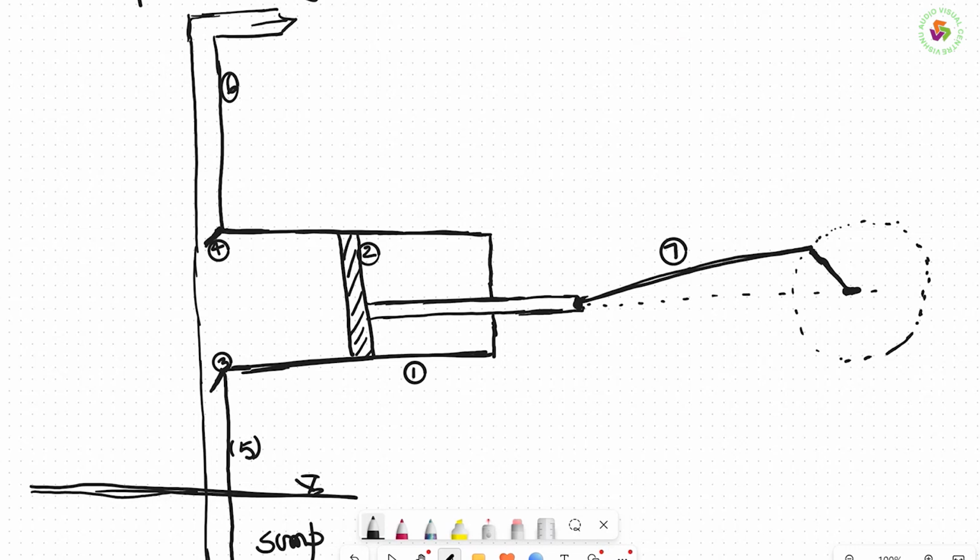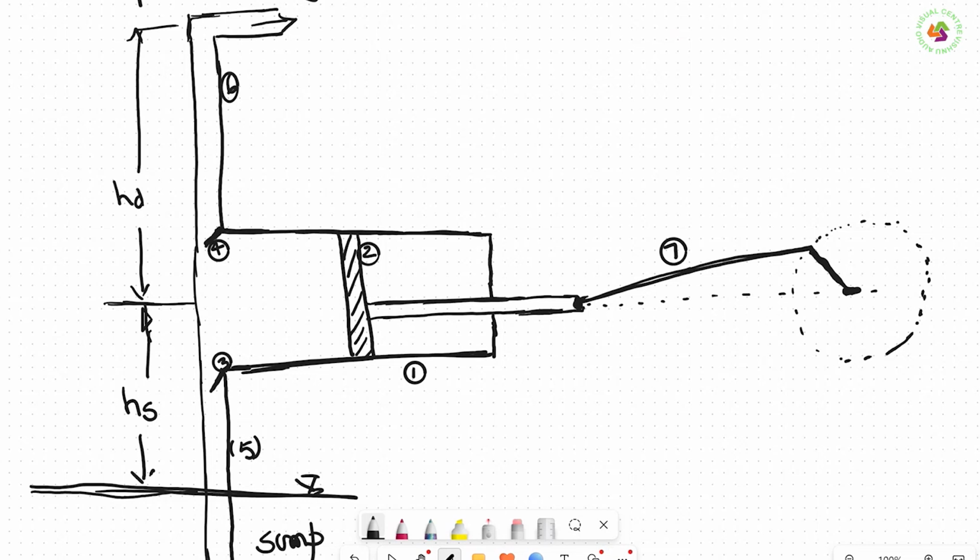Connecting rod, crank. Now again I will explain. So sump, then cylinder, then piston, suction valve, suction pipe, delivery pipe, and if you take the head up to the center of the cylinder, this is called the suction head, and this is called the delivery head. So I think you can write the component names once again.